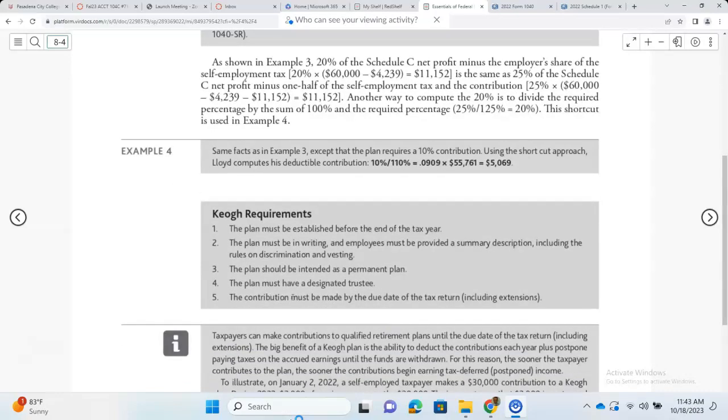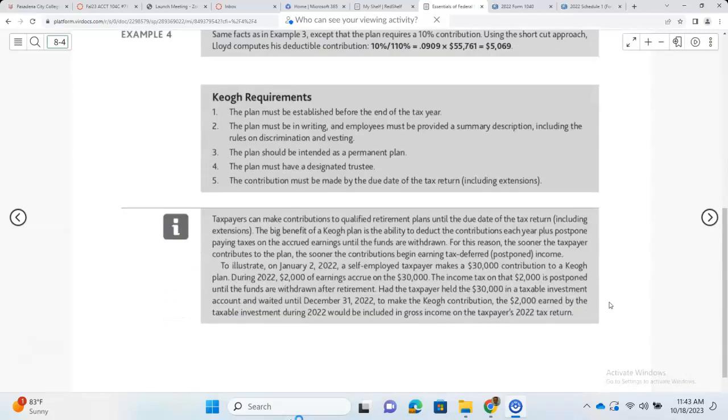And the contribution must be made by the due date of the tax year. Here is the information that says taxpayers can make contributions to a qualified retirement plan until the due date of the tax return, and that will still be counted towards the last year's benefit.